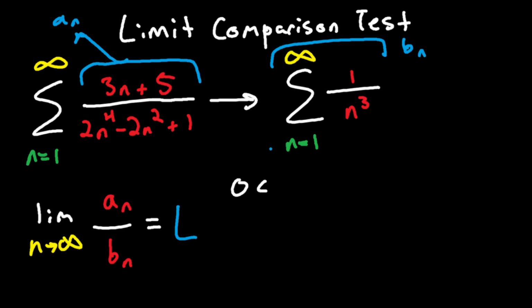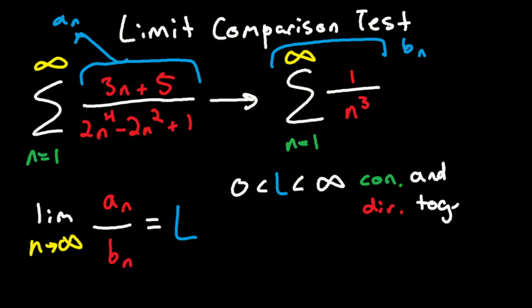So let's go ahead and write out the conditions. If L is between 0 and infinity, then both your series converge and diverge together. So compared to the direct comparison test, if L is between 0 and infinity, then both series converge and diverge together.